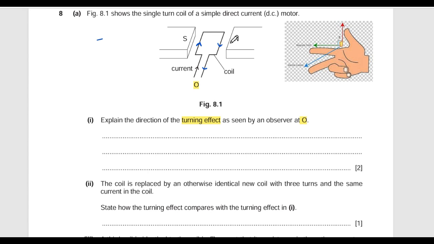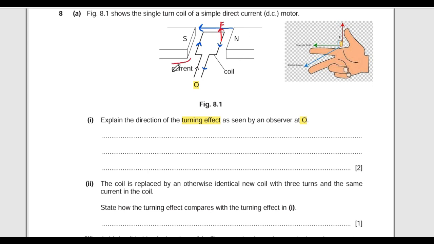According to Fleming's left hand rule, if the direction of magnetic field is towards right and the current is towards U, then the force will be upward. So force will have this direction at this end, and for this end the force will be downward, because if the current is towards the screen and the magnetic field is towards the right, then your thumb will point downward and the force for this end of the coil would be downward.